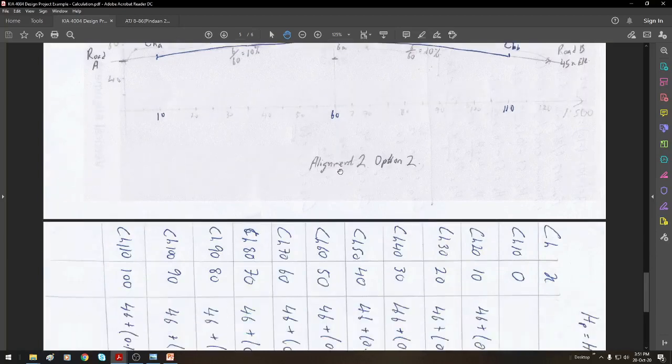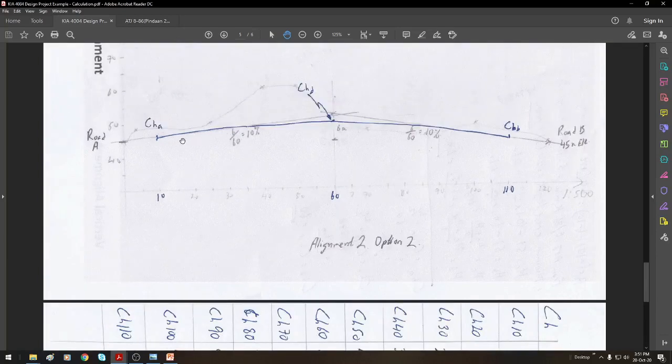Next, we need to calculate the height at 10-meter intervals along our curve, because we need to pass these heights to the excavator operator so that they will excavate the earth here and get the exact profile of our road.